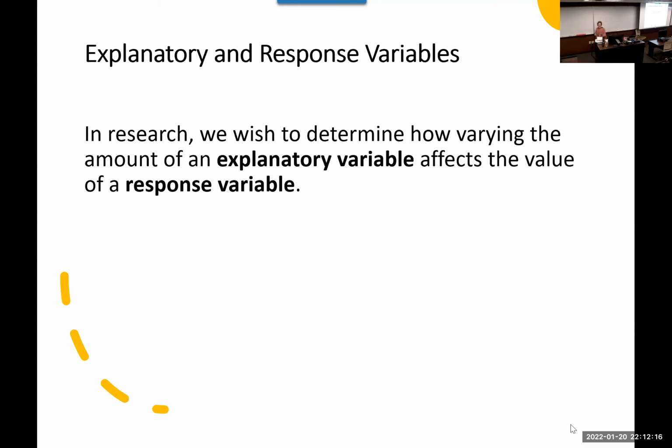We think about an explanatory variable as being the treatment variable. What's explaining the response? In mathematical terms, you can think of the explanatory variable as being the independent or X variable. And therefore, the response variable is the outcome variable. So the explanatory is our treatment variable. The response is the outcome variable.